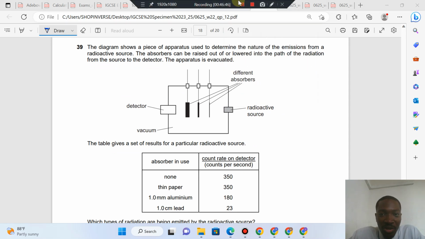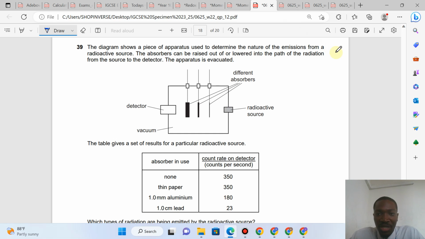The diagram shows a piece of apparatus used to determine the nature of the emissions from a radioactive source. The absorbers can be raised out of or lowered into the path of the radiation from the source to the detector. The apparatus is evacuated.